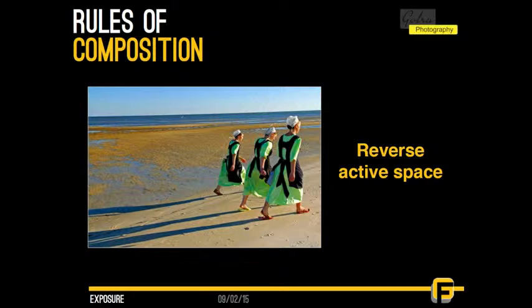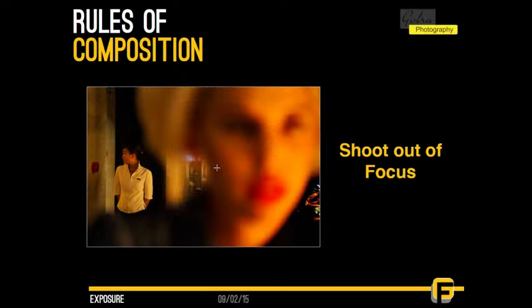The photographer broke the rule, but in a nice way. The person is facing over there, and there is a space here. Usually you have to put the space in front of the person, not at the back. But here it's working well. It's creating some sense.